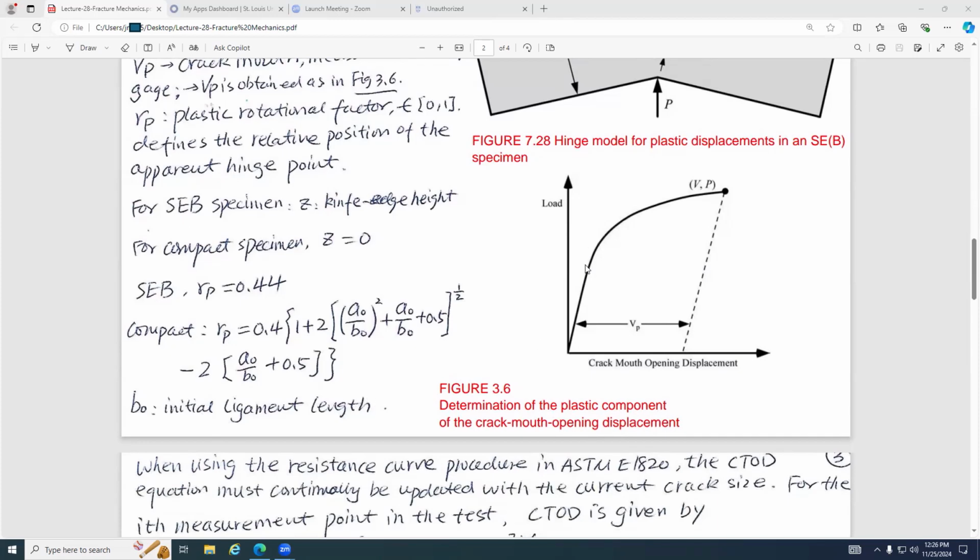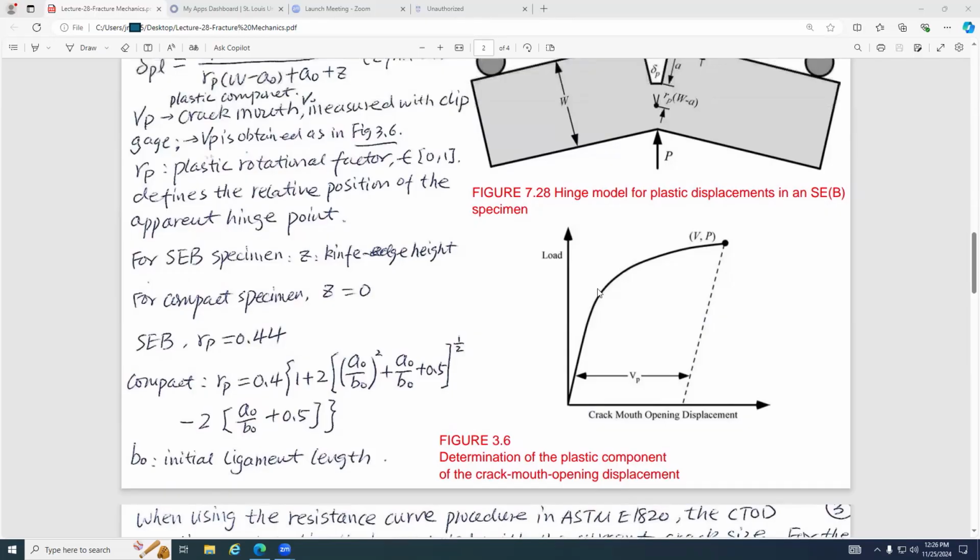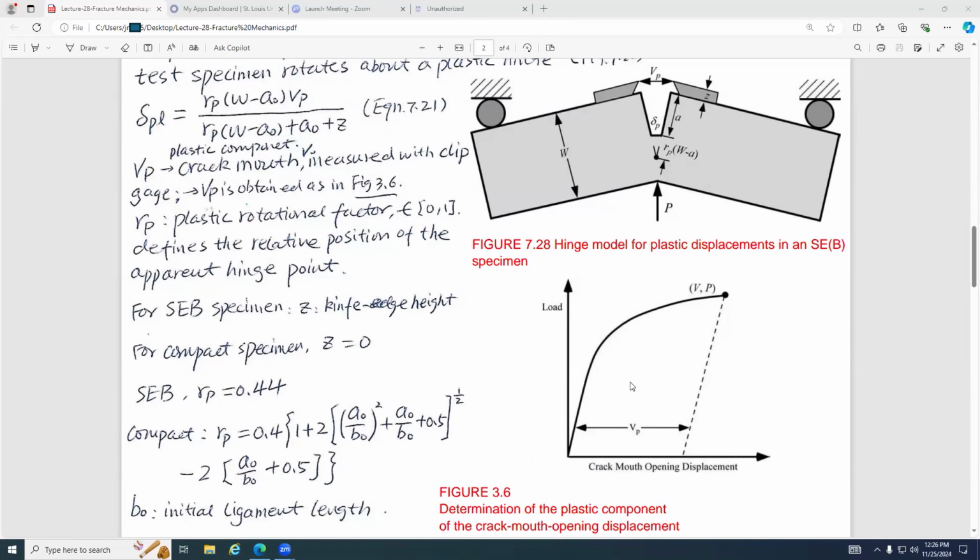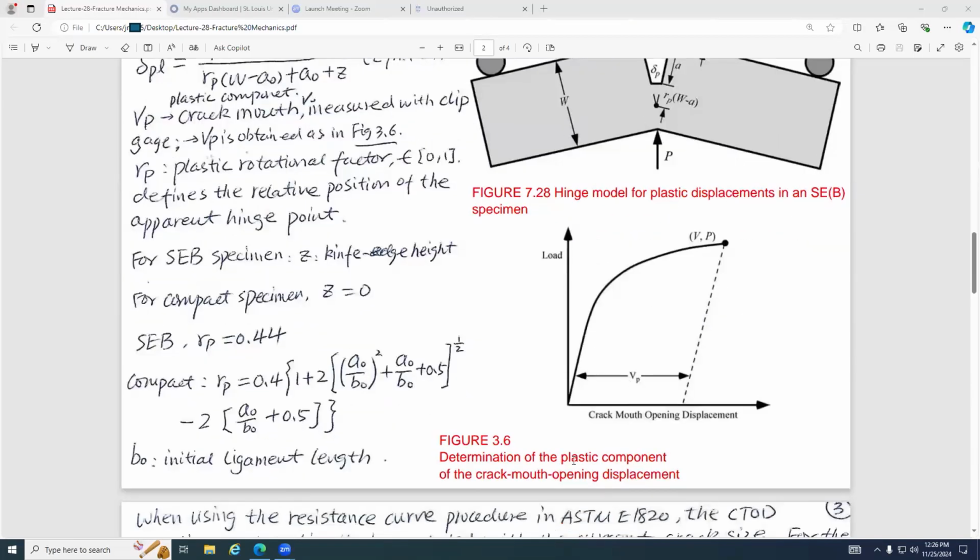Here is one way to calculate the VP: determination of the plastic component of the crack mouth opening displacement. We go this way, going down, then remove the loading and go back. This one will be your VP, and we call it residual displacement.